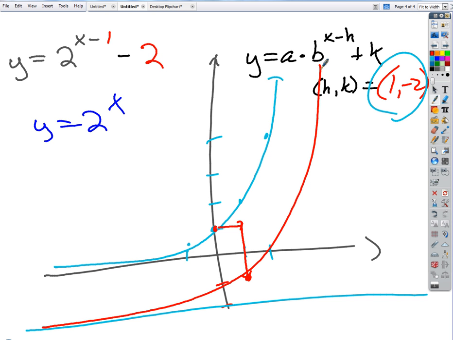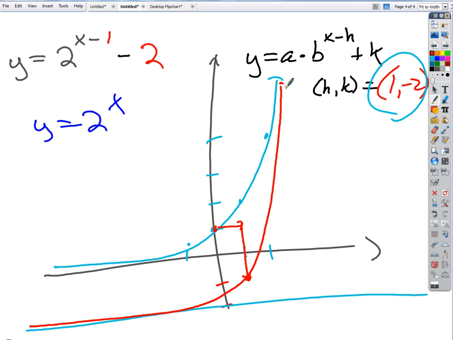Whoops, maybe not quite. You get the idea. I didn't draw that very well, but it'd be more like that, right? So it changes from it can't be 0 to it can't be negative 2.